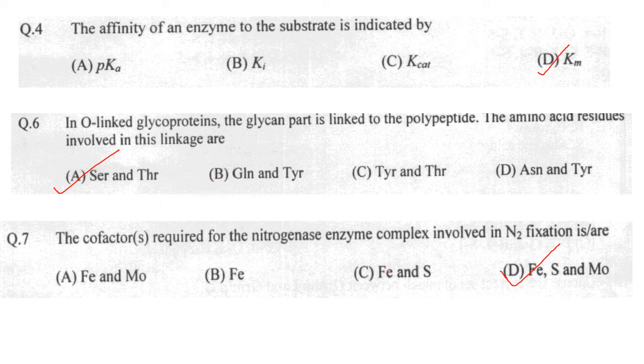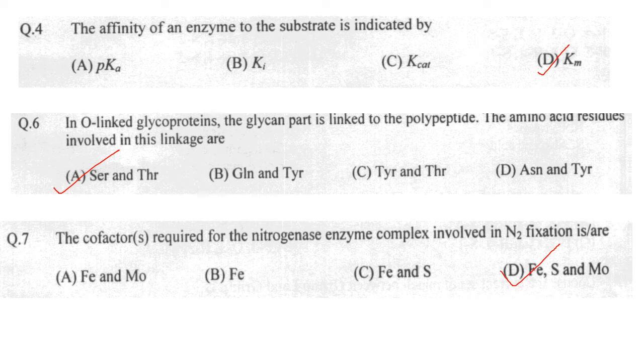Next one. The affinity of an enzyme to the substrate is indicated by: option A, pKa; B, Ki; C, Kcat; D, Km. Answer is option D, Km. Next one. In N-linked glycoproteins, the glycan part is linked to the polypeptide.